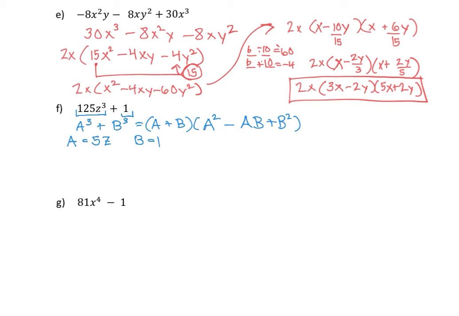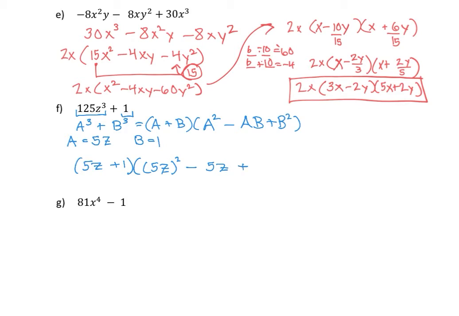All right, so let's put them directly into the formula. We have a, which is 5z, plus b, which is 1, times a squared, so 5z squared, minus a, which is 5z, times b, which is 1, plus b squared, which is 1 squared. I'm just going to write it out as it is right now, and then we'll simplify it later.